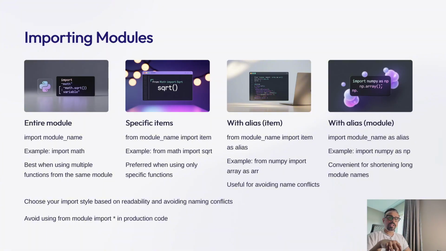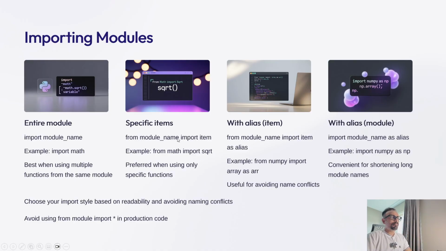When I say import math_utils, it will import everything, which is not required. If you want only the add function, then you should only use the add function. You don't have to have the area of circle as well as the class that we have defined over there as Calculator.